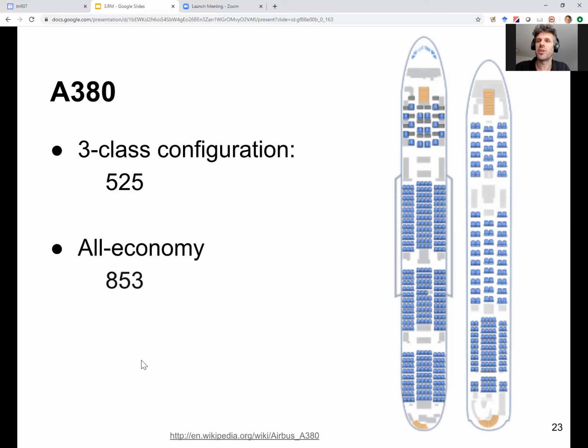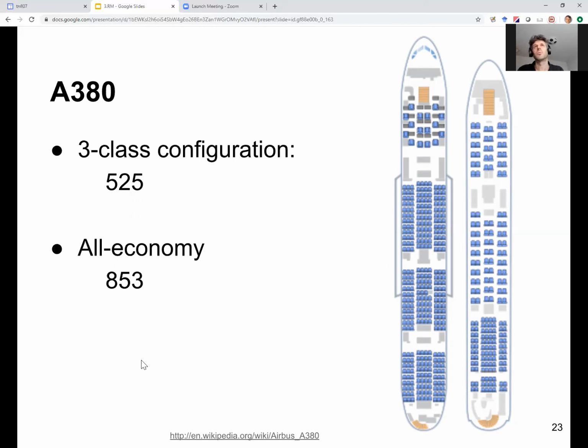But if you do all economy, it can be more than 850. So 300 extra seats does make a difference. You have to think how many you want to reserve for different classes, in particular for business passengers. Of course, it's a huge aircraft with hundreds and hundreds of seats, but it also gives you the understanding of the relative sizes of the possible classes.